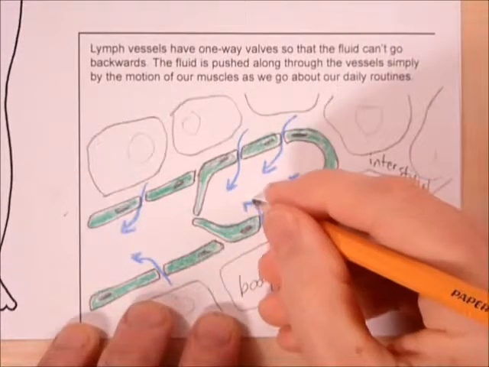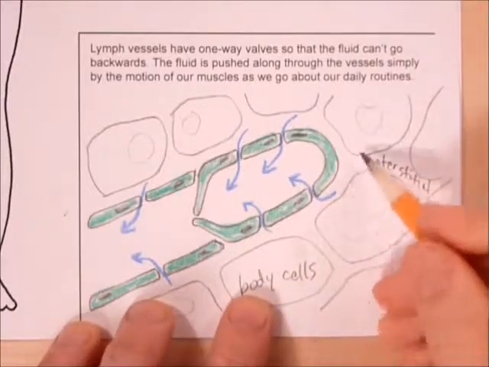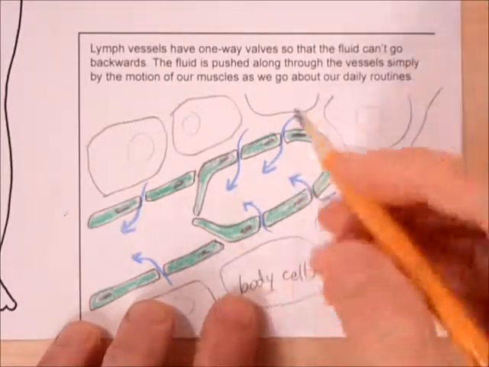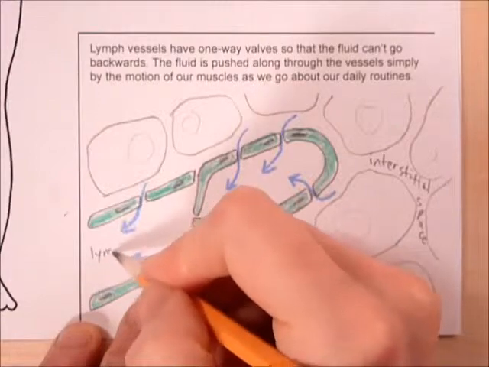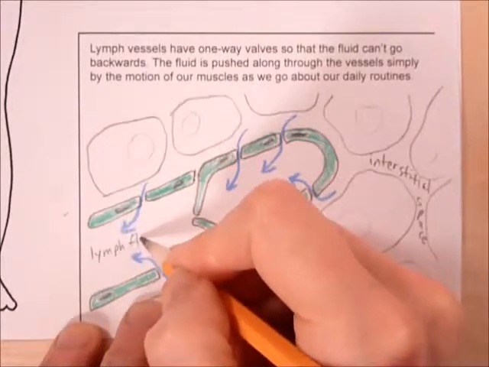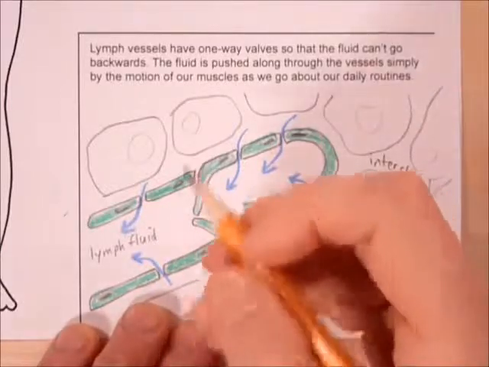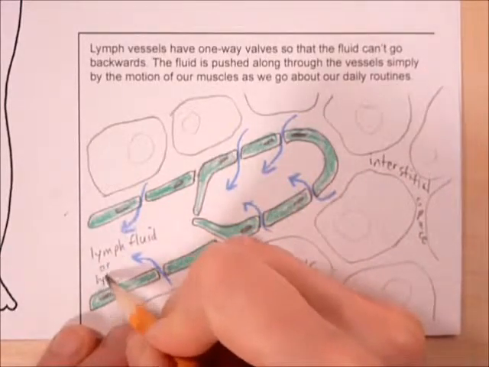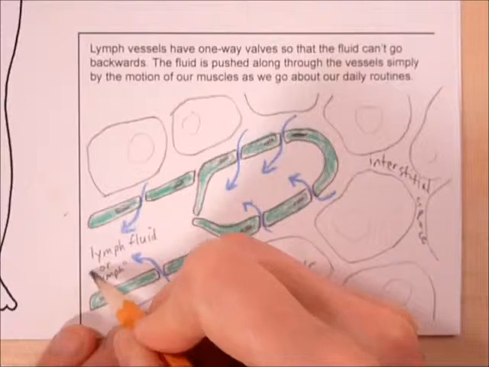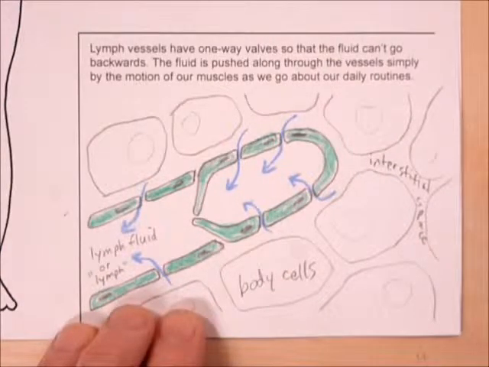And once it gets into here, you can call it plasma, interstitial fluid. Once it gets in here, it's just called lymph. I'm going to call it lymph fluid, but you just call it lymph or just lymph. And it's funny because the name lymph comes from the Roman goddess of water, whose name was Lymph. So it kind of just means water.